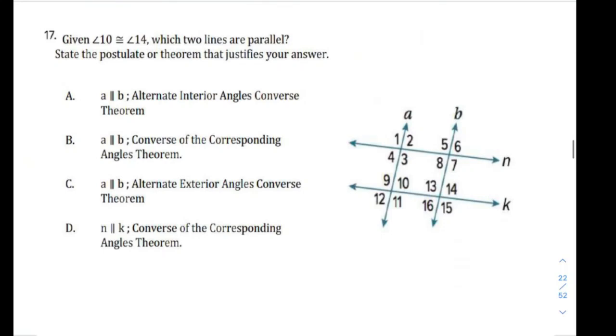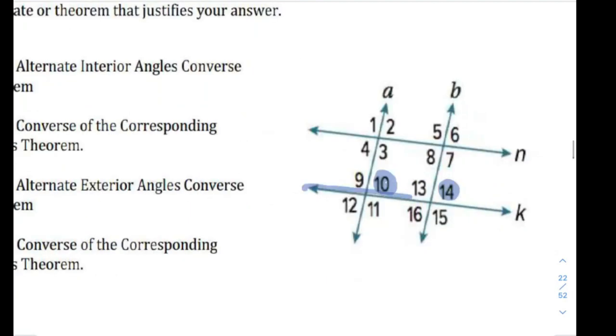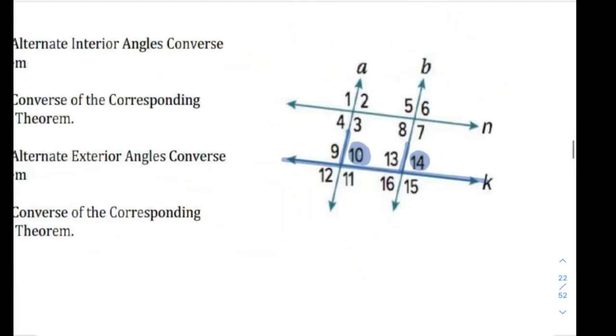If angle 10 is congruent to angle 14. So this is the transversal. Identify the line that both of them are on. As you see, they are forming the letter F, meaning corresponding angles.